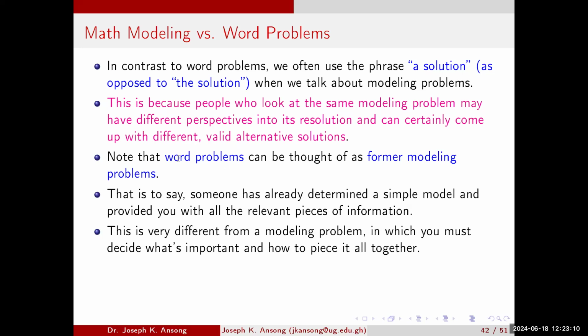So somebody probably did the research already. A word problem was a former modeling problem. Now you have to do your own research to get that information, to be able to rephrase your modeling problem as a word problem.